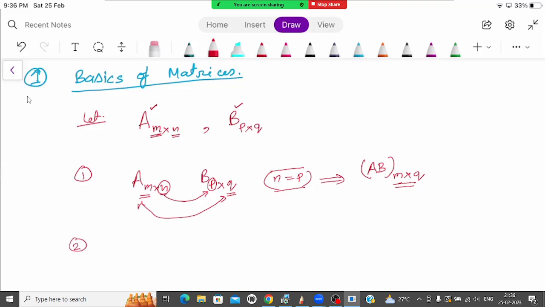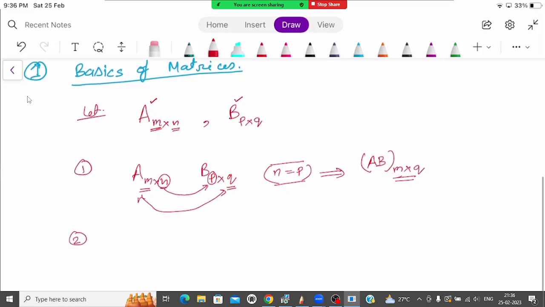The second property: suppose matrix BA exists, which will be a p cross n matrix. Multiplying matrix B with matrix A, we get matrix BA, which will be p cross n, again following property 1.